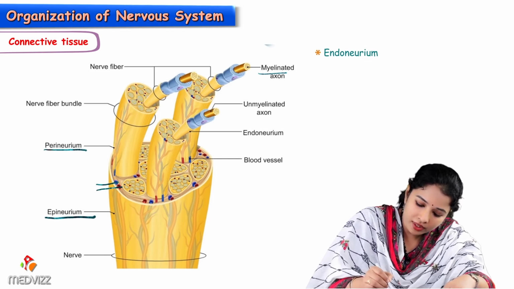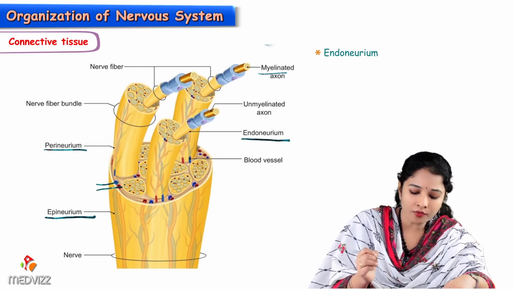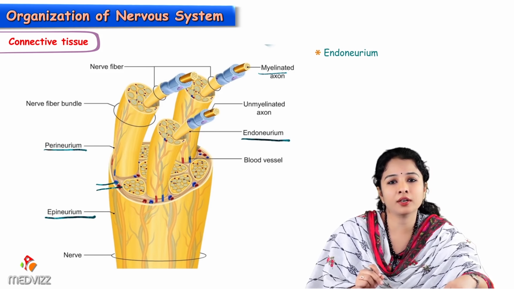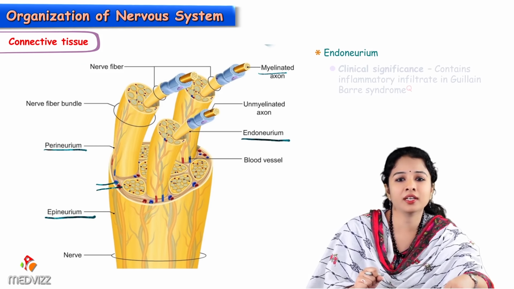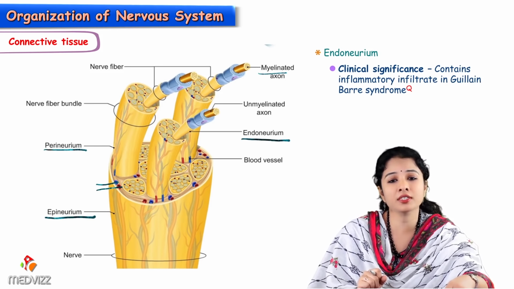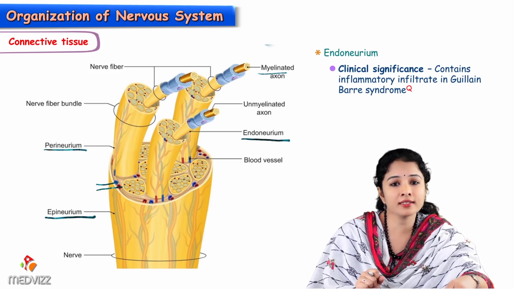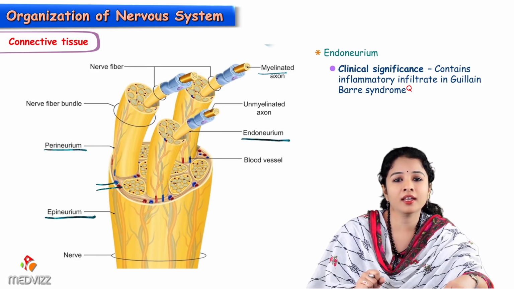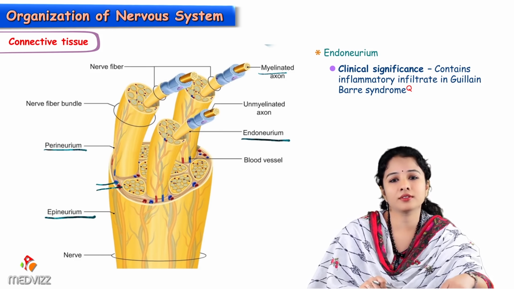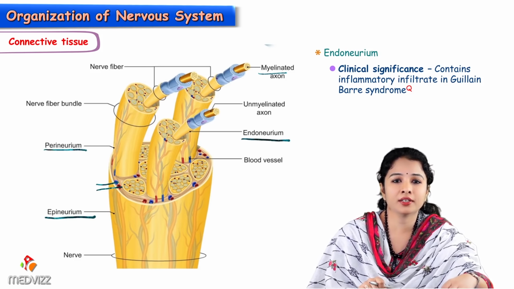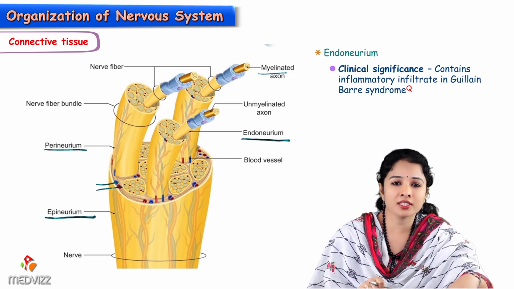The endoneurium is a thin layer of connective tissue wrapping around a single nerve fiber. Clinical significance of the endoneurium: it contains inflammatory infiltrate in Guillain-Barré syndrome. So this completes a basic introduction about the organization of the nervous system. Thank you.